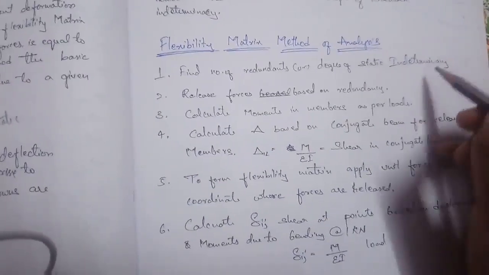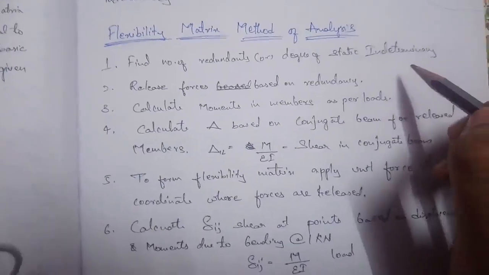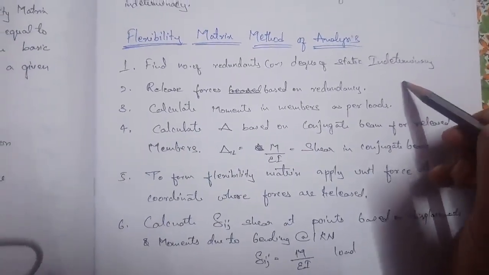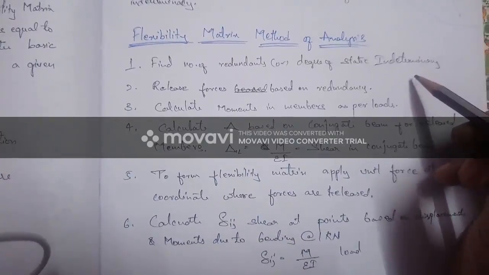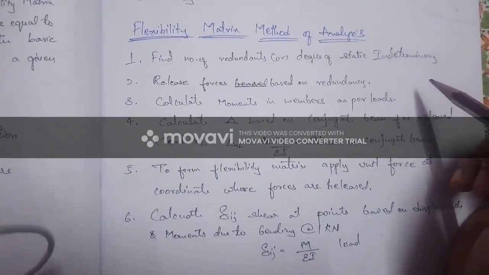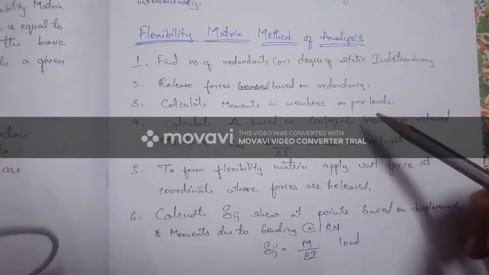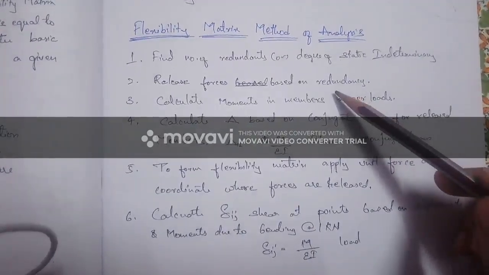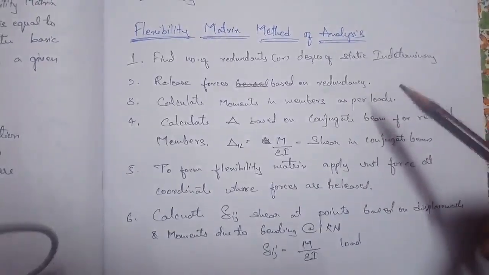Redundancy is nothing but the number of forces which are restrained or constrained, or the forces which exist in addition to the equilibrium equations. Then we find out how many redundants there are.